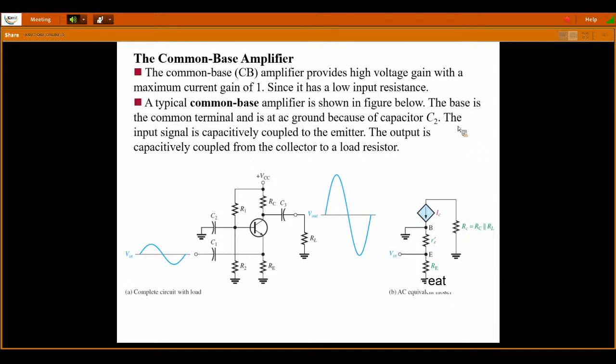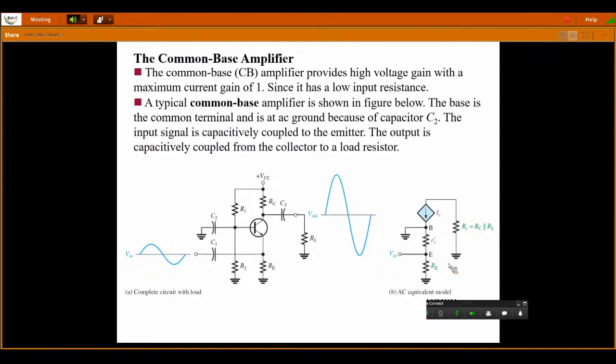We have provided your voltage divider biasing, and this is your AC equivalent circuit of your common base amplifier. Base is connected to ground, emitter is connected with the Vin, and effective input resistance is RE. So RE dash is the AC input resistance due to your base to emitter PN junction diode.